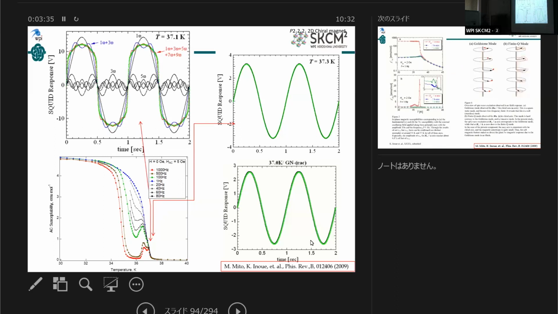This one contains a higher frequency response from the AC magnetic field. The chiral sample can generate higher frequency responses at third order, 5th order, 7th order, 9th order when we apply this field.